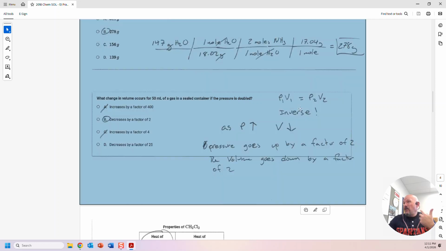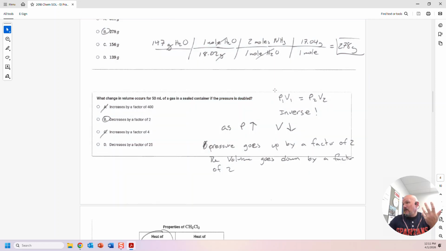Okay. And if you wanted to, you could play around with Boyle's law here. You could plug in 1 atmosphere and 50 milliliters for your V1. And then if the pressure doubled, if it was 1 atmosphere, now this would be 2 atmospheres over here. So what would happen to V2? It would go down to 25, right? So it would cut in half, right?